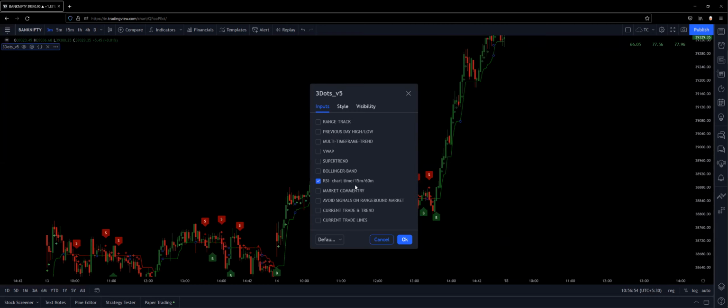So basically three time frames: chart time frame, 15-minute time frame, and 60-minute time frame RSI. You can just have it running on top always. So that is another thing.